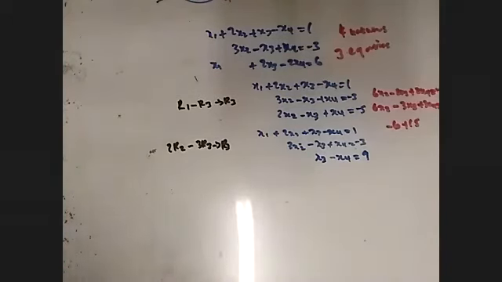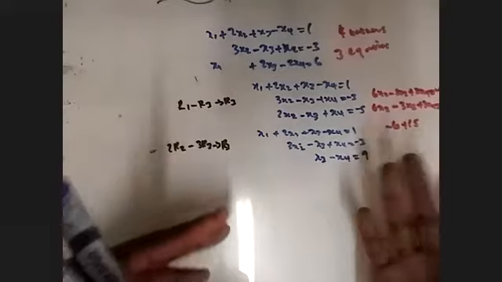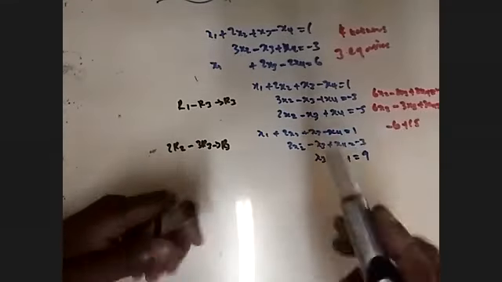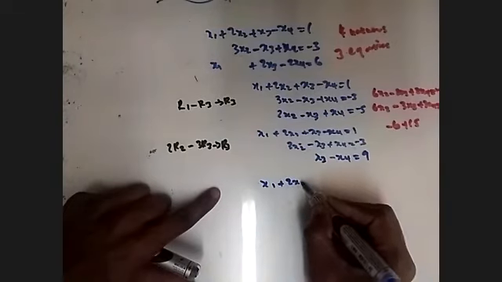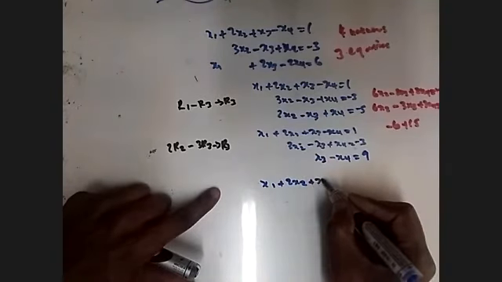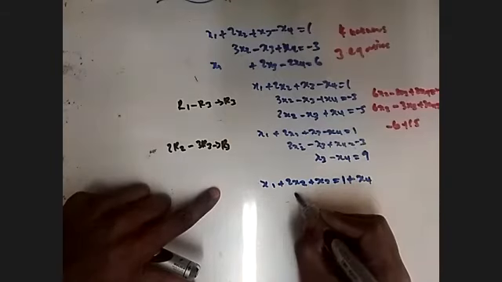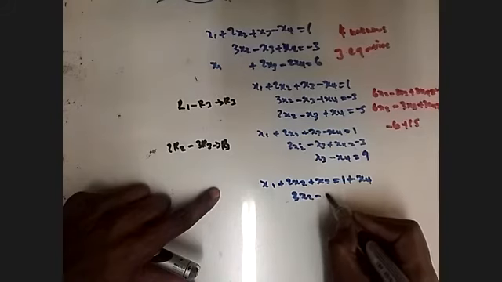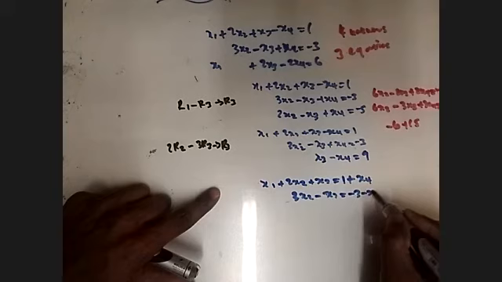So from here, how are we going to rewrite this? Since x1, x2, and x3 are the basic unknowns that we can get with 3 equations, as I said, you're going to rewrite this in terms of x4. Your solution will be written in terms of x4. So x1 plus 2x2 plus x3 is equal to 1 plus x4 as we transpose. Then this one becomes 3x2 minus x3 is equal to negative 3 minus x4.